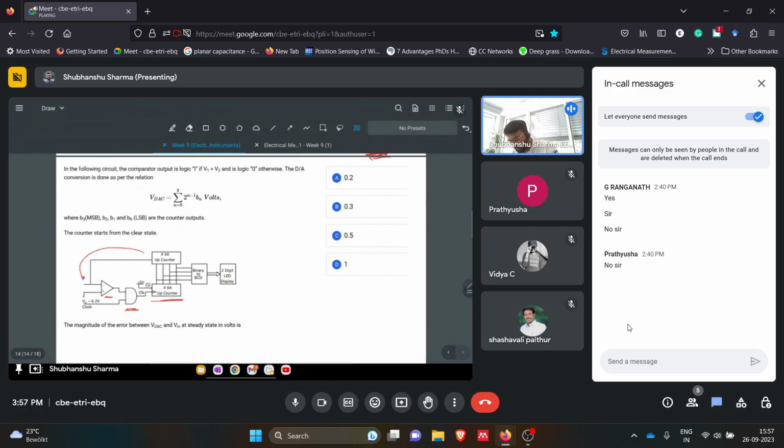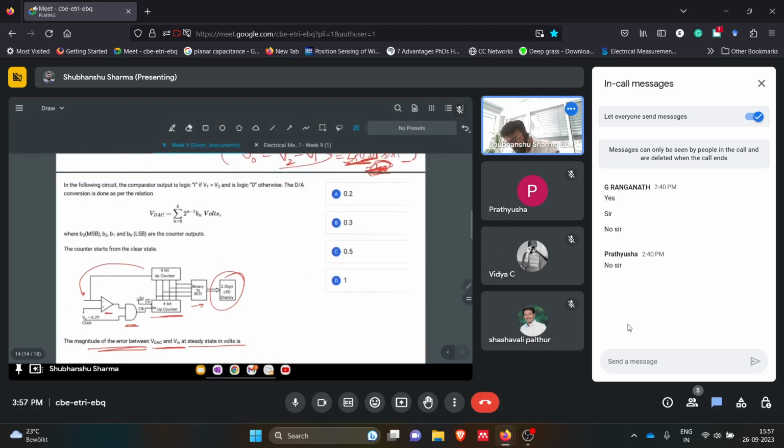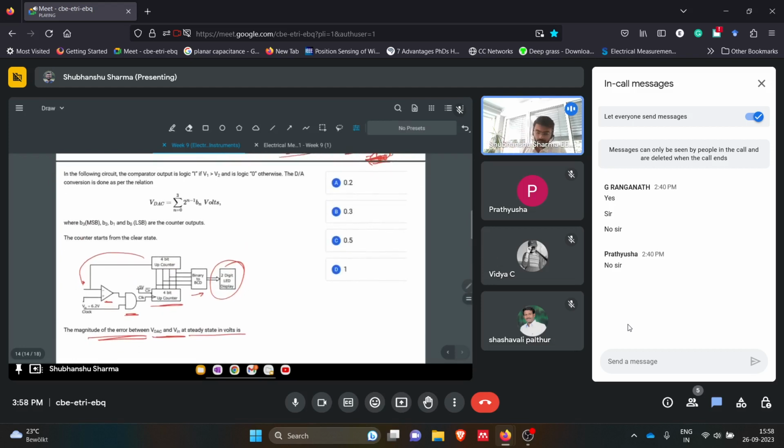Then the 4-bit up counter output goes through a binary to BCD converter, and finally we get an LED display of 2 digits. This is the configuration, and they are asking the magnitude of the error between VDAC and Vin at steady state in volts. So first read the question fully.